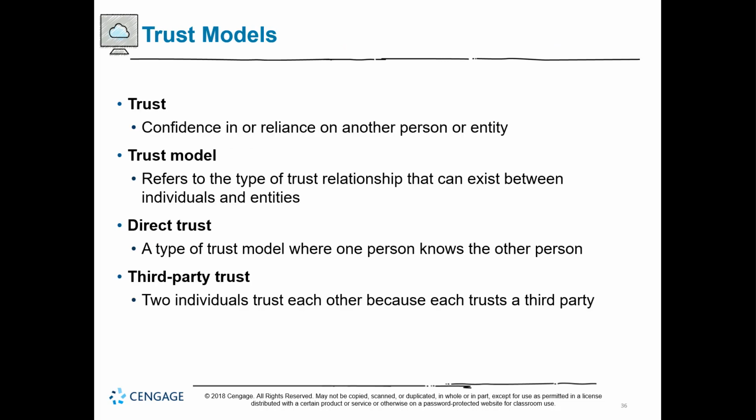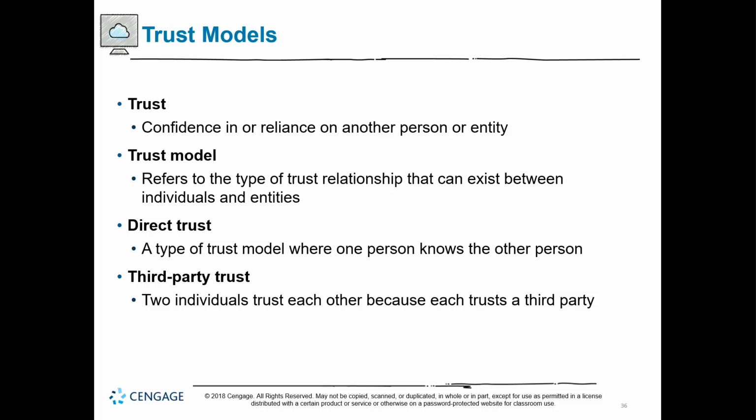So we've already talked about trust, and we kept saying the word trust models. So what is trust? Trust is confidence or reliance on another person or entity. The trust model refers to the type of trust relationship that exists between two entities.